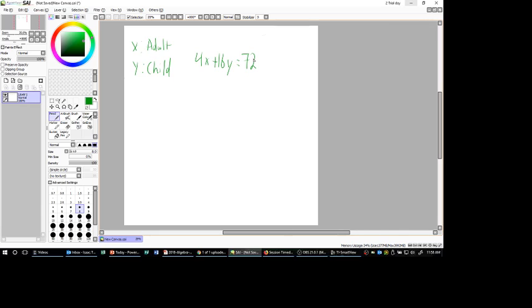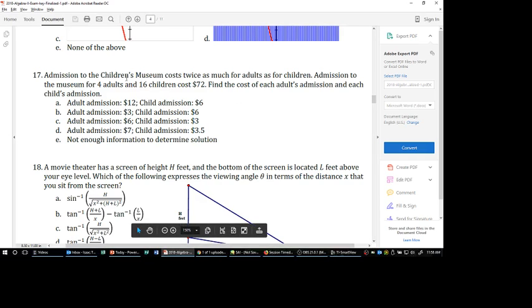Okay, so one equation can be solved if it only has one variable, but this is an equation with 2 variables. So to solve a 2 variable equation, we need to find at least 2 equations. And so the first equation is a little more hidden here, but there's still an equation to be found.